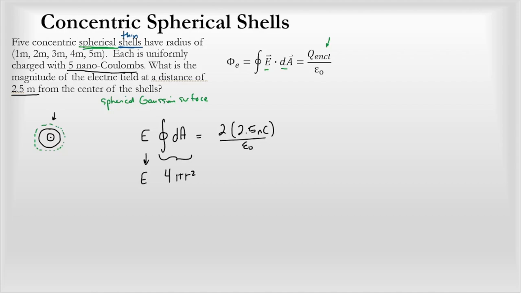We have spherical symmetry, so we're going to have the surface area of a sphere. 2 times 2.5 is, oh, I made a mistake. Hopefully you caught that. 2 times 5 nanocoulombs is going to be 10 nanocoulombs. I could even put a number in for that if I wanted to, but I'm going to leave it there for now. I'm going to plug in my numbers in the last step here.